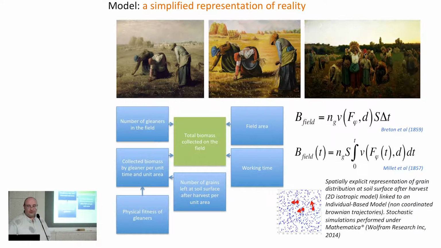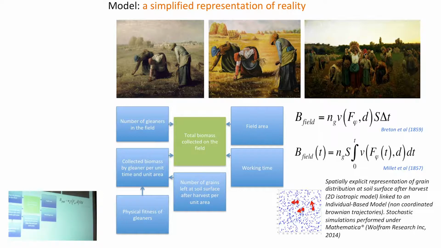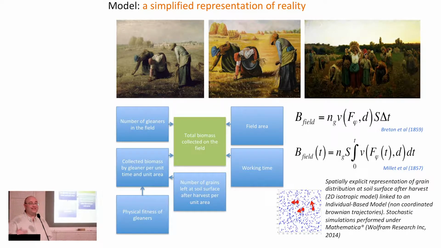N is the number of gleaners in the field. Nu is the quantity of grain per lady per surface time and surface unit. S is the field area, and delta T is the working time. So here, it's how I translated a conceptual model into a static equation. It's a way.